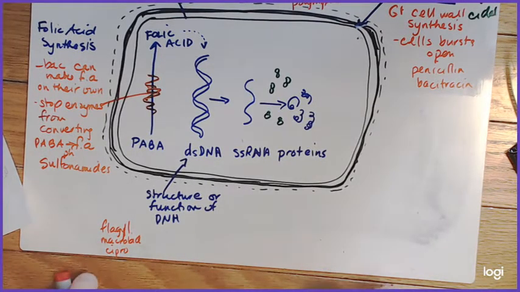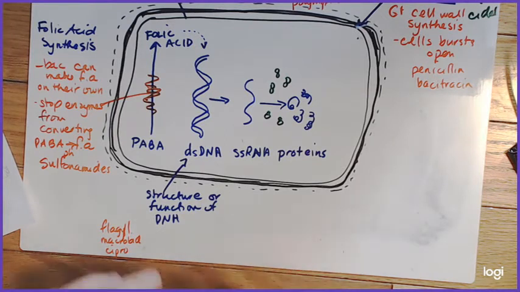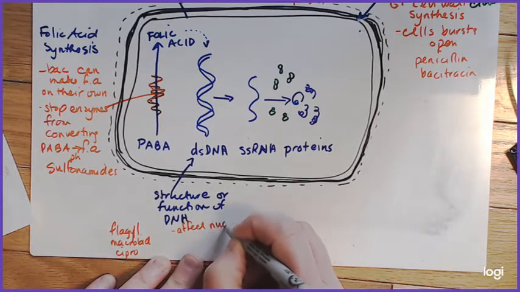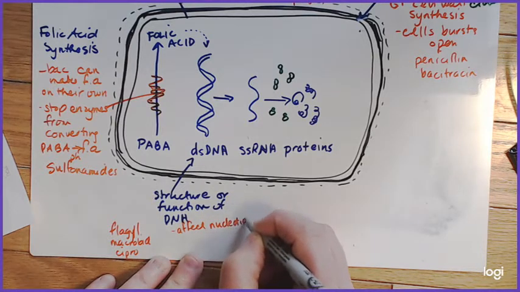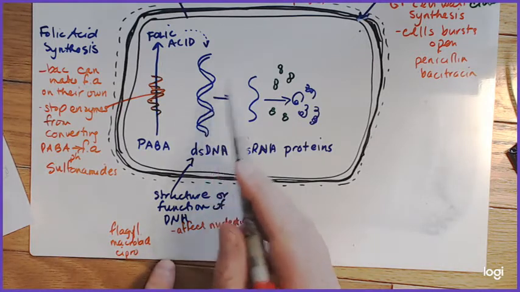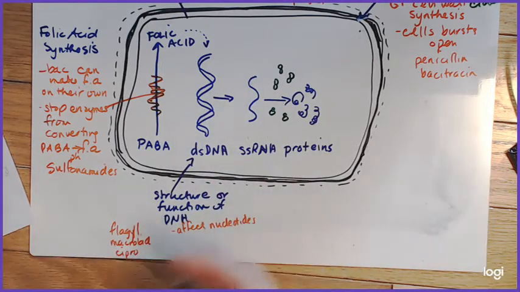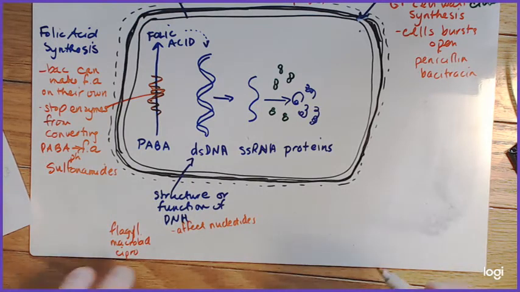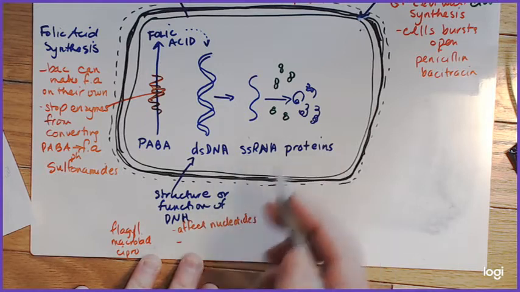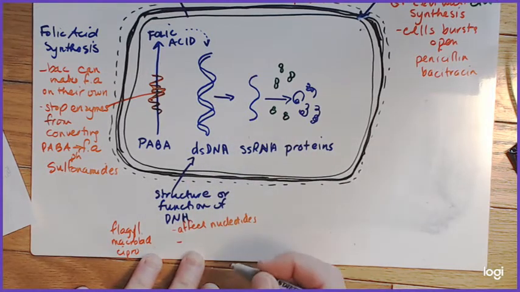So two things can happen here. Either we're going to affect the nucleotides that are in here. If you remember, your DNA is made up of a number of nucleotides that are all linked together. So we're going to affect the nucleotides, or we're going to make the DNA just fall apart because it has to be double-stranded and then it falls apart when it needs to, to open for making the DNA or for replication.